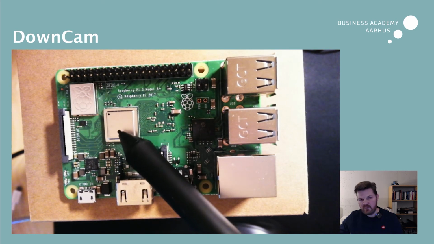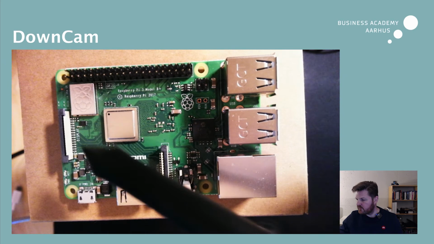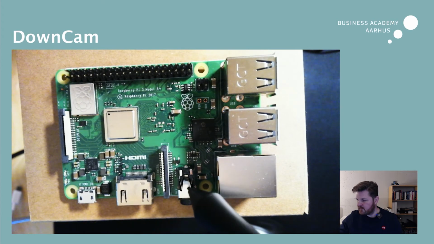We have the CPU here. We have a couple of other connectors for screen and camera and so on. And up here we have the little power connection and a jack cable for audio and so on.